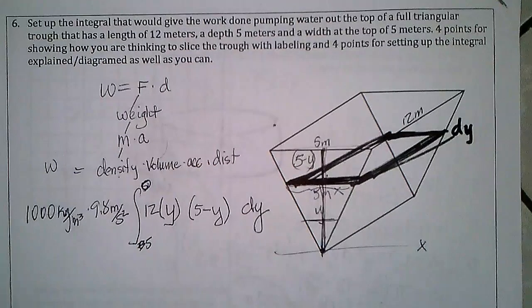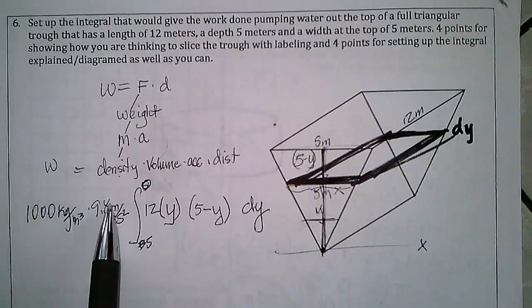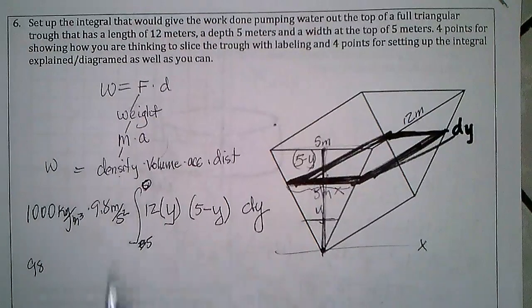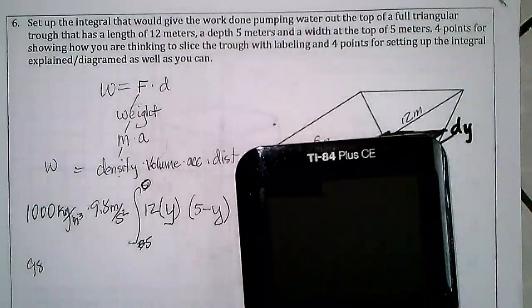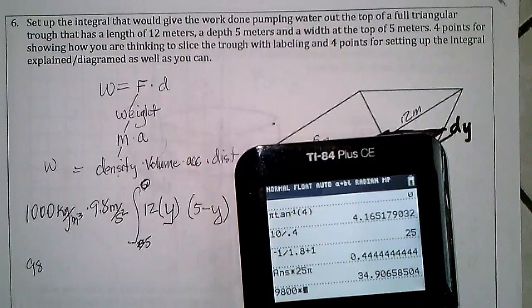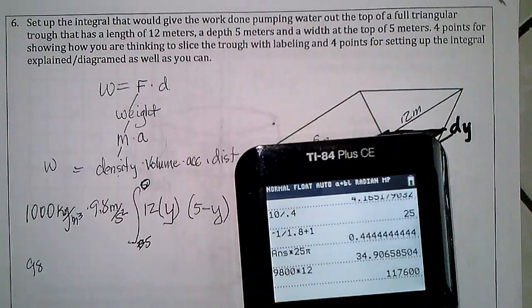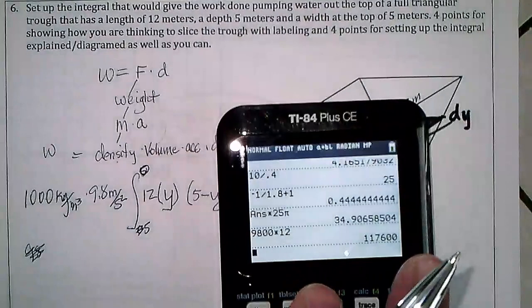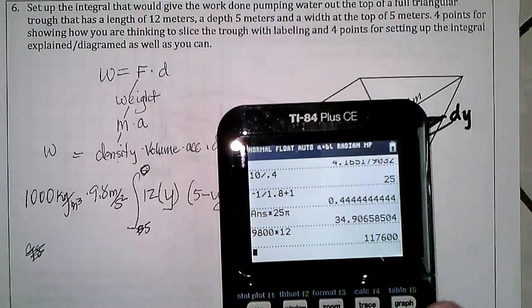Okay. So this is 9.8 times 12. Let's get all of this here. 9800 times 12 is, in case you didn't see that, 11760.